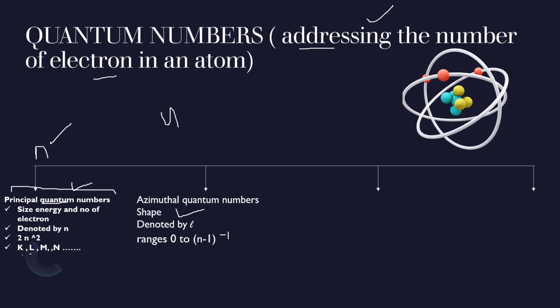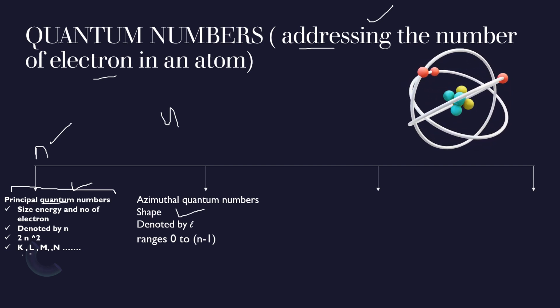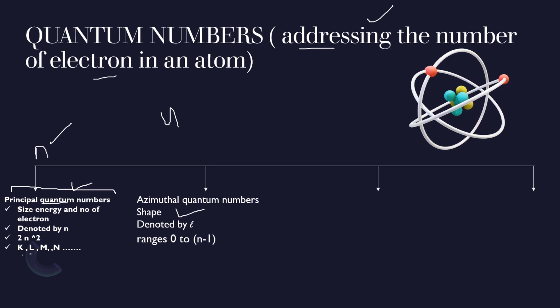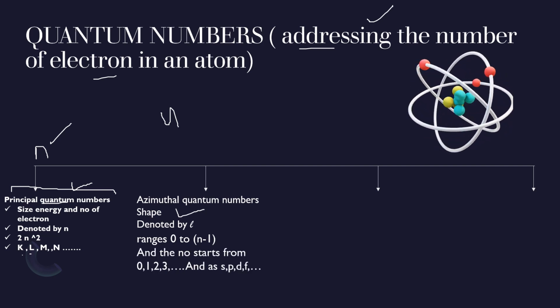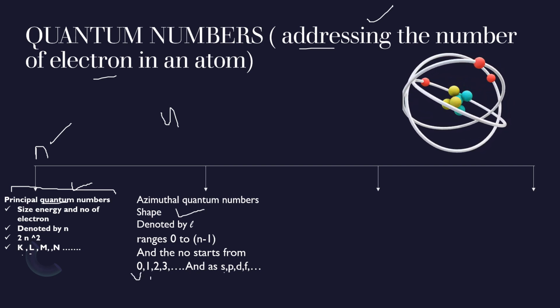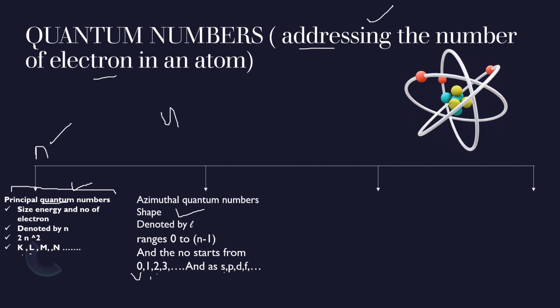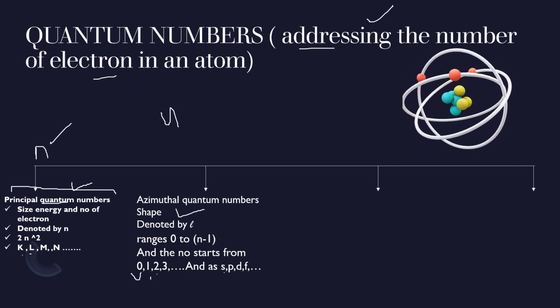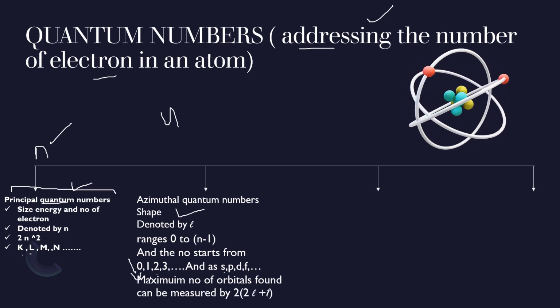Let's make it clear: here 1 is the number that we denote. 0 represents the s shell, 1 represents p, 2 is d, 3 is f. We should be clear that 0 is the starting point.